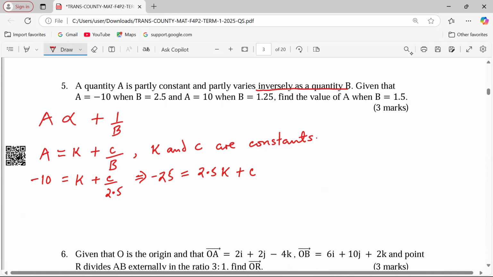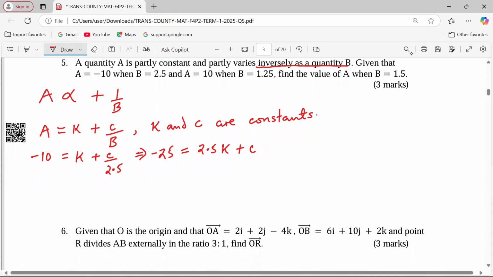Then some more information. A equals 10, so K plus C over B, when B equals 1.25, we do the same here. We multiply by 1.25 through, so that we have 12.5 equals 1.25K plus C. That way, we do away with fractions which are decimals.